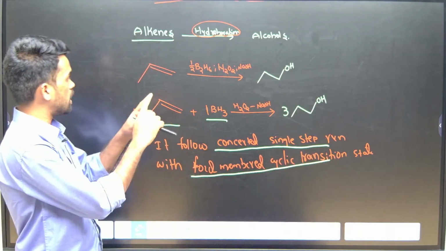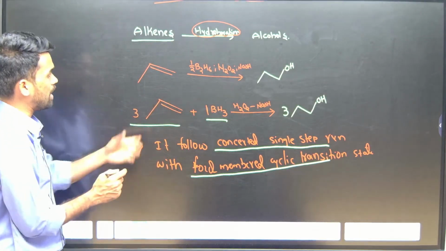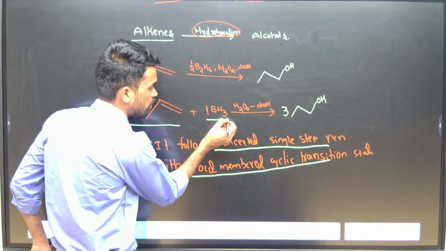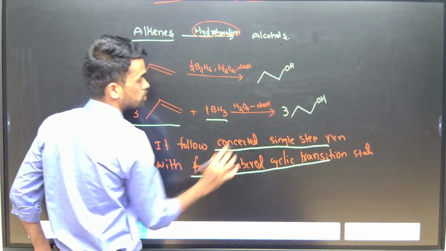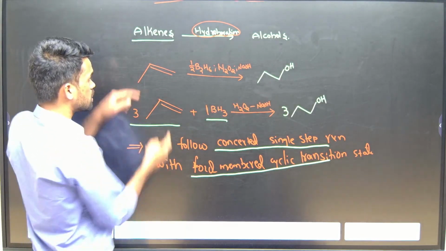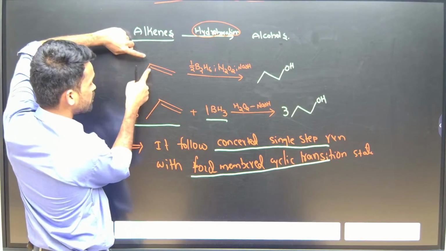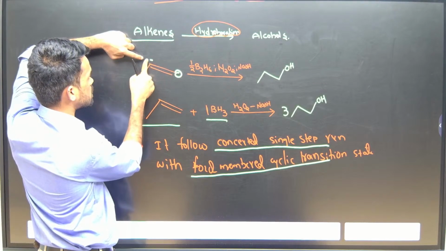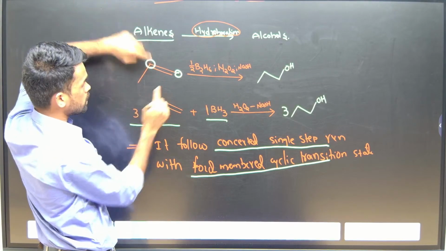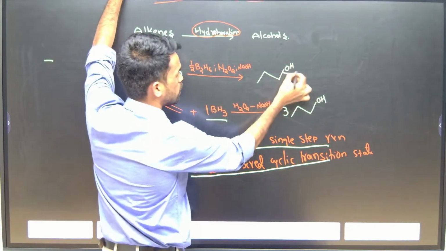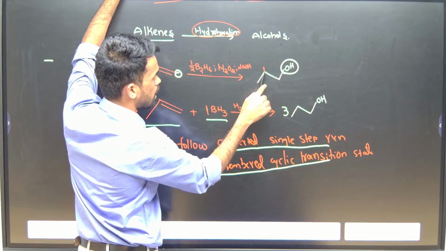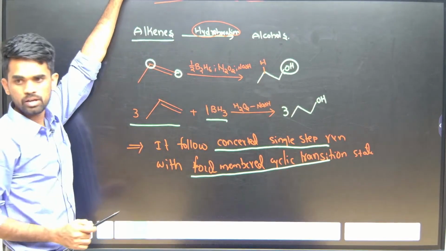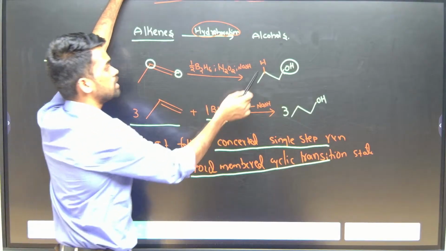During addition, see what we are doing to the given alkene: we are adding 1 hydrogen and 1 OH group. See, these are the double bond now. If we remove this double bond, this carbon should be added with something and this carbon also should be added with something. So at the terminal position I am adding the OH group. It means this internal carbon should have H. Now from where does this H come?